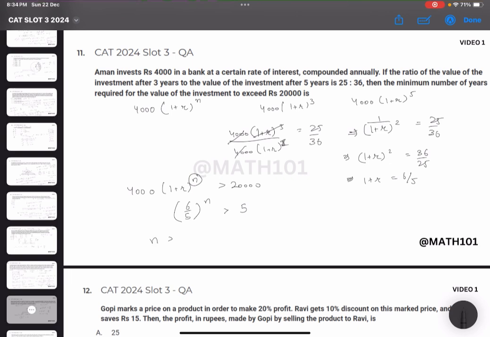So n should be greater than log 5 upon log 6/5. Quickly use the calculator to do that. Log 5 divided by log 1.2 comes out to be approximately 8.8, which implies n equals 9.